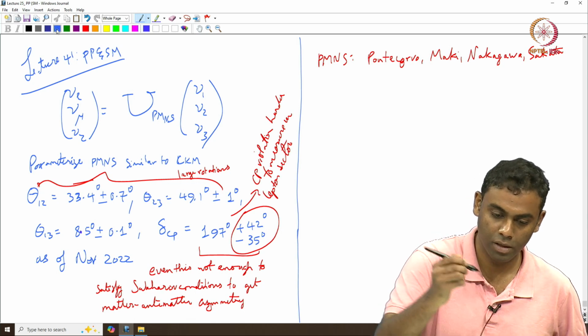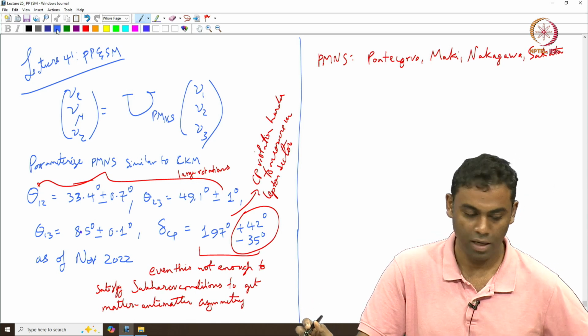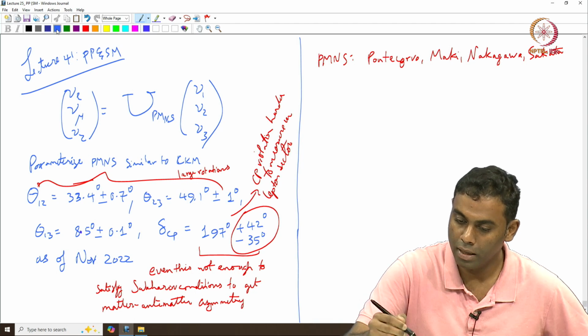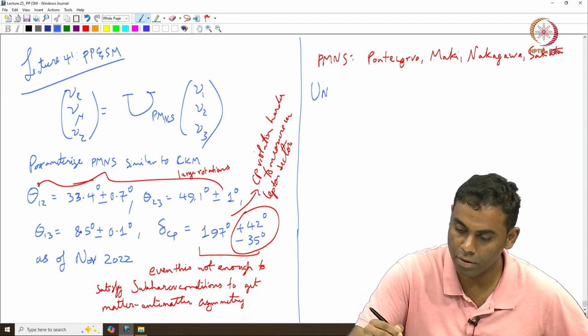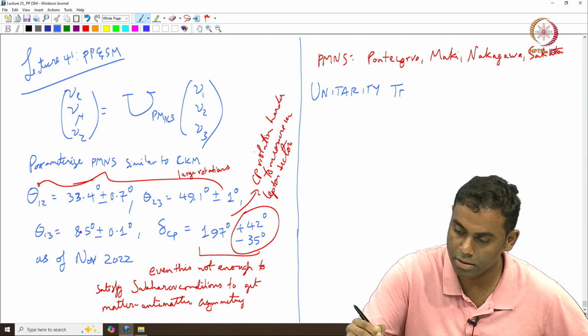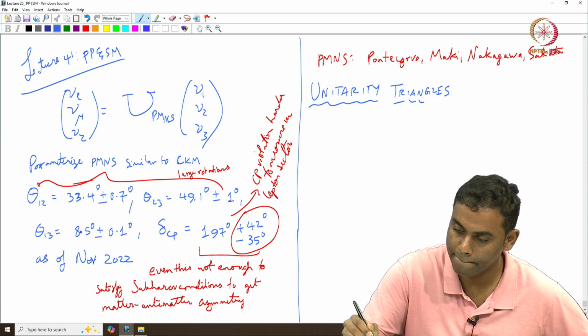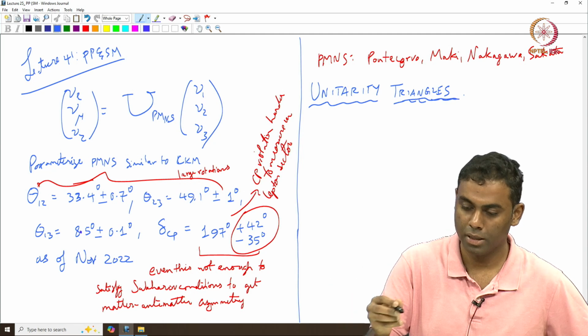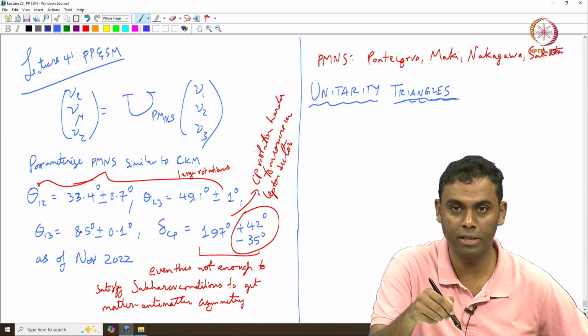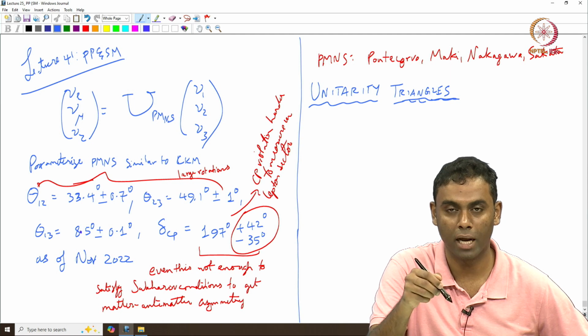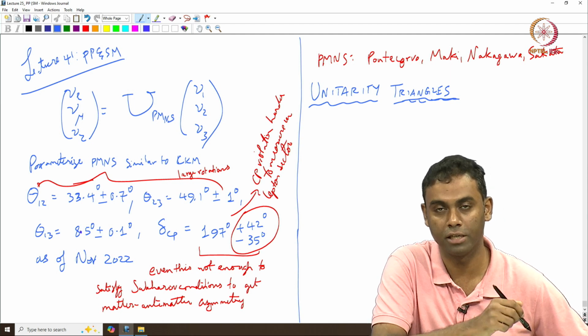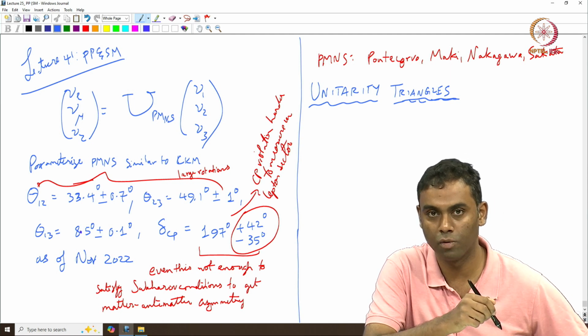So, all of this leads us on to the notion of unitarity triangles. Okay. What is the unitarity here? The fact that we are claiming that the PMNS matrix and the CKM matrix are unitary, right. Why unitary?